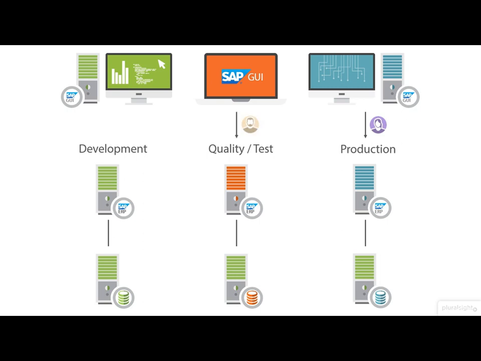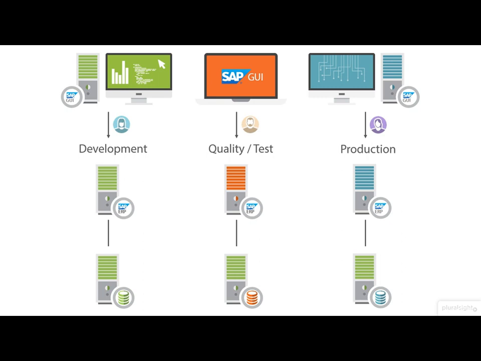While Bob, who is a beginner SAP user, is on a training and practicing the usage of the system, logged in through also an SAP GUI into the quality or test system. At the same time, Katie, who is an ABAP developer, is finishing her latest development and ready to pass it on for further tests in the quality or test system.